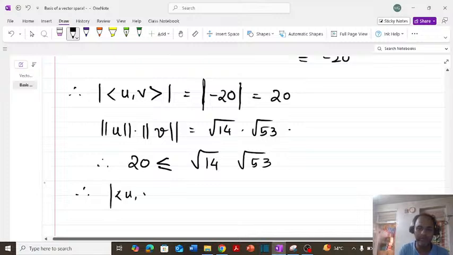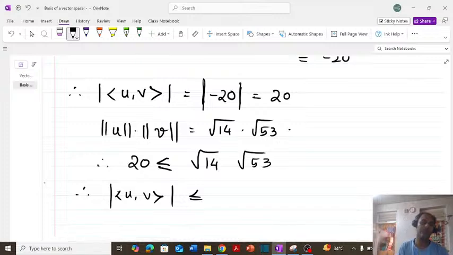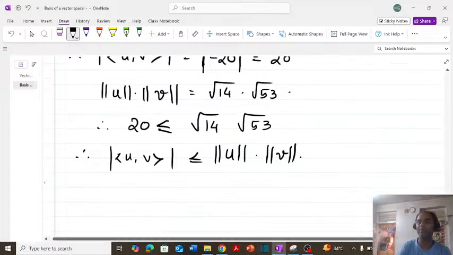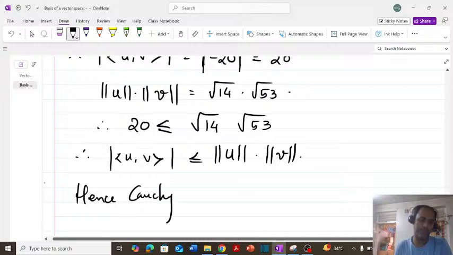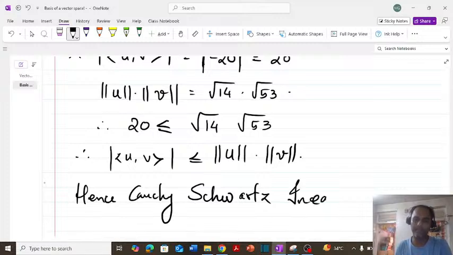Therefore the modulus of the inner product uv is less than or equal to norm u into norm v. Okay, so that's how you verify. Hence the Cauchy-Schwarz inequality is verified.